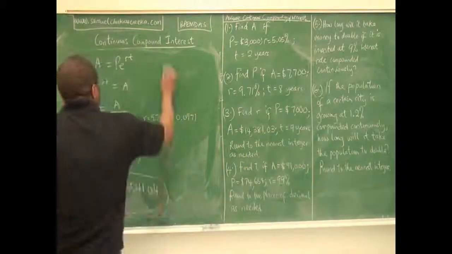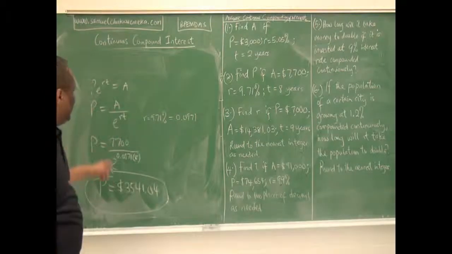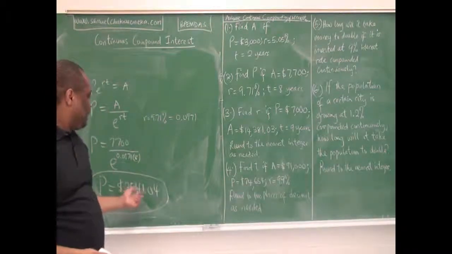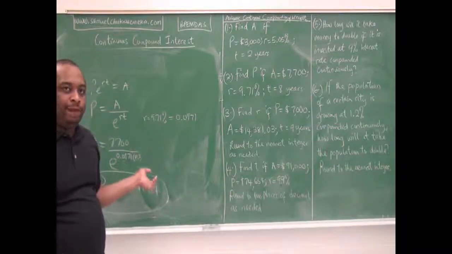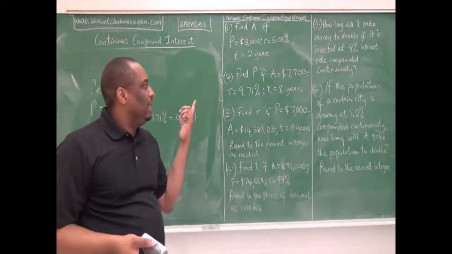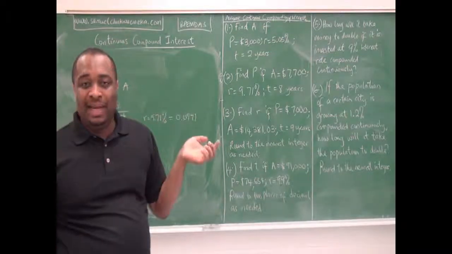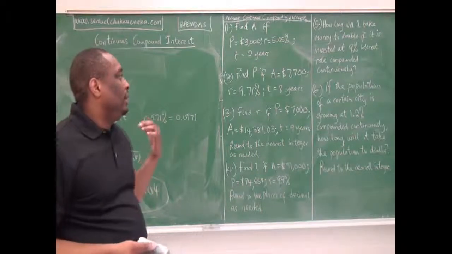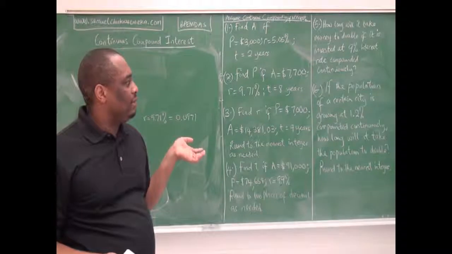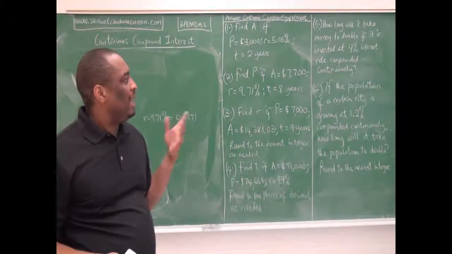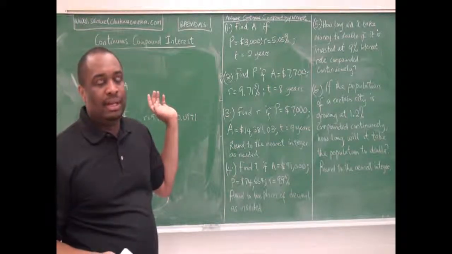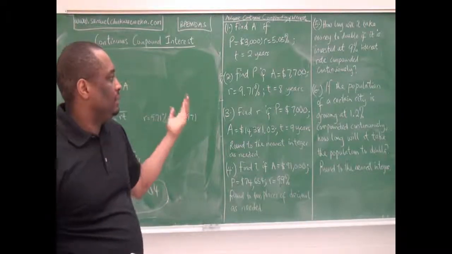The next one, question 3. So what does this tell you actually? It tells you that if you invest $3,541.04 in a bank that pays 9.71% annual interest rate, then if it's compounded continuously, after 8 years you will have $7,700.